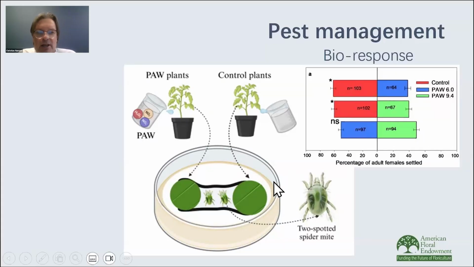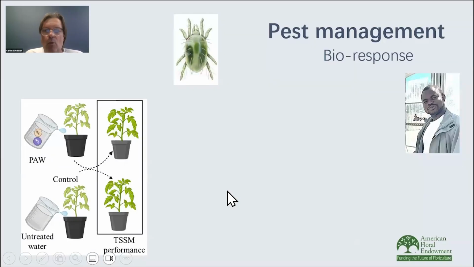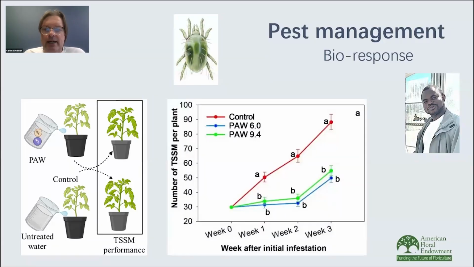So there's something about these leaves, even when they have been taken off the plant and stuck into a petri dish and given 48 hours. Why is that? And even further, when we then do what's called a performance test, where we don't give them a choice, but we just supplementarily irrigate the plants either with regular water or with PAW, look what happens here.